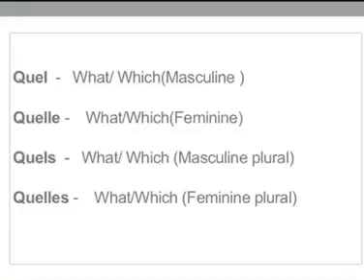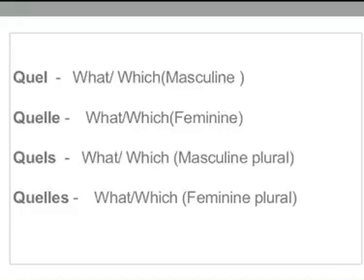noun or the word. As a rule, when we form the feminine, we add an extra e, or we repeat the last consonant and then add e. So here, for the masculine, the spelling is Q-U-E-L. But for the feminine, we are adding an extra L and E to it.